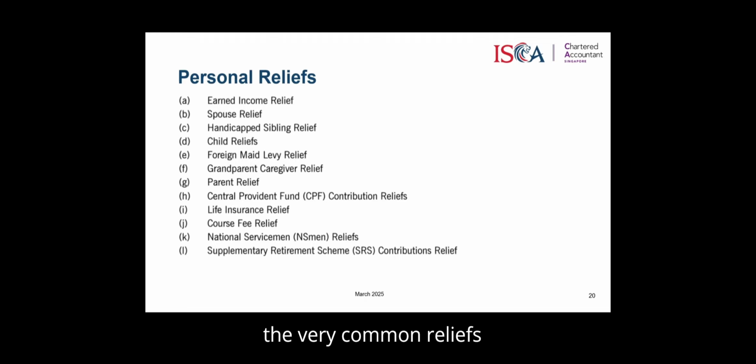Some of the very common reliefs include earned income relief, spouse relief, handicapped sibling relief, child relief, foreign maid levy relief, grandparent caregiver relief, parent relief, CPF contribution relief, life insurance relief, course fee relief, national serviceman relief, supplementary retirement scheme contribution relief. For each of these reliefs, you will need to be familiar with the requirements.